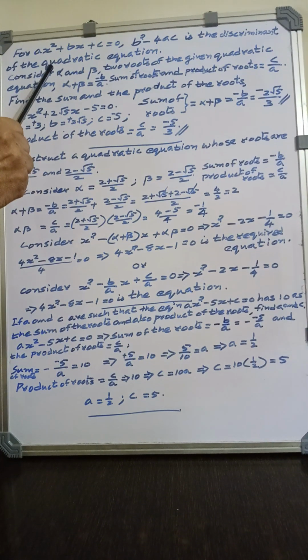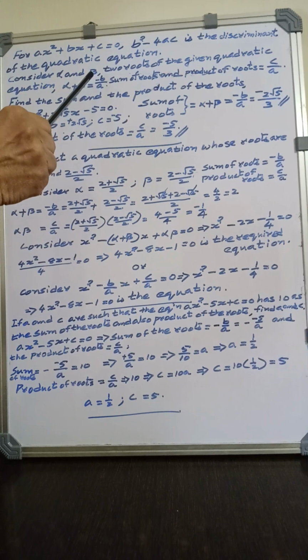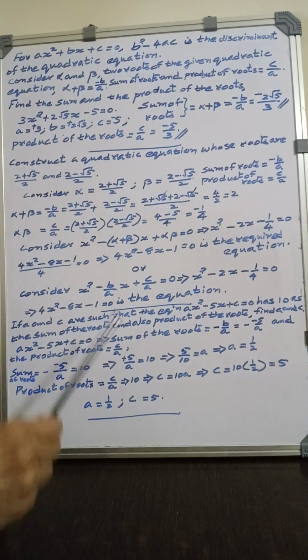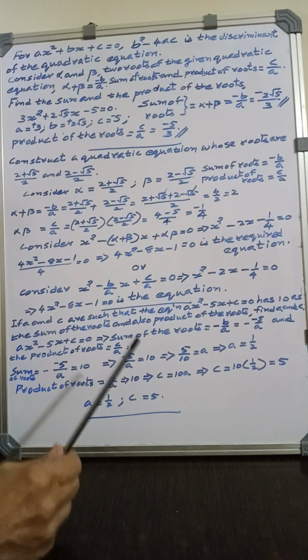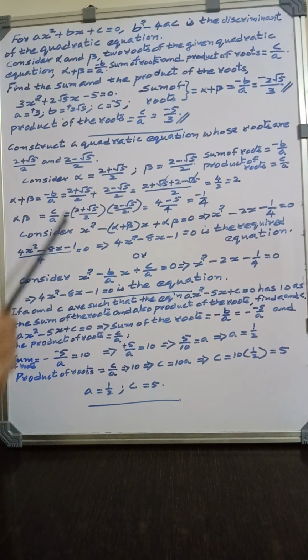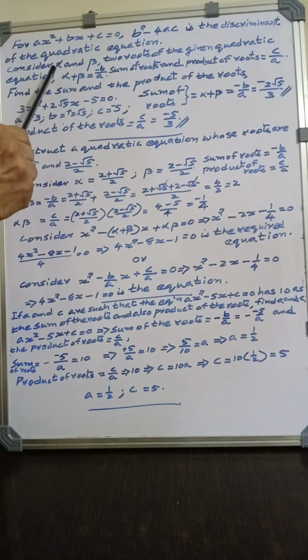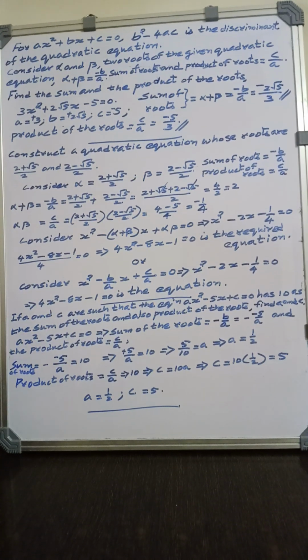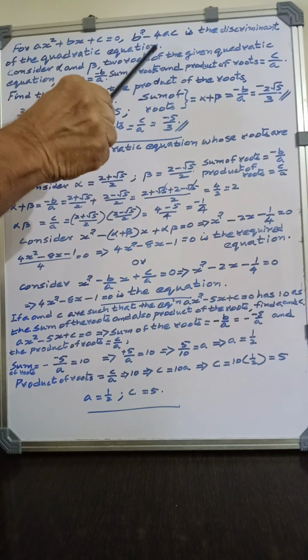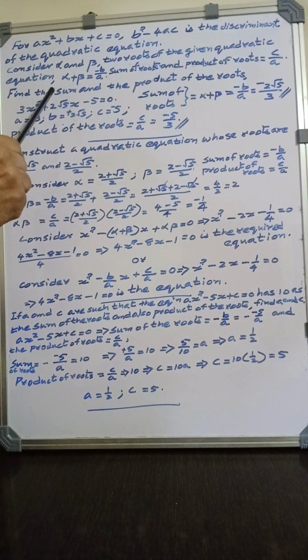Consider alpha and beta, two roots of the given quadratic equation. That means the solutions of ax² + bx + c = 0 are at most 2, that is alpha and beta. Alpha and beta are the two roots of the quadratic equation.